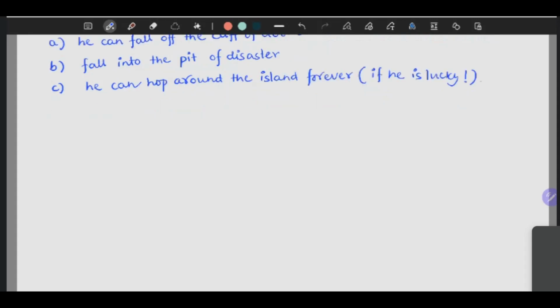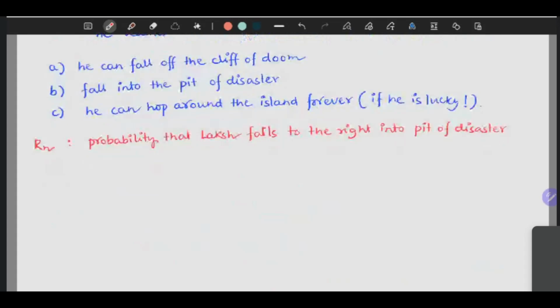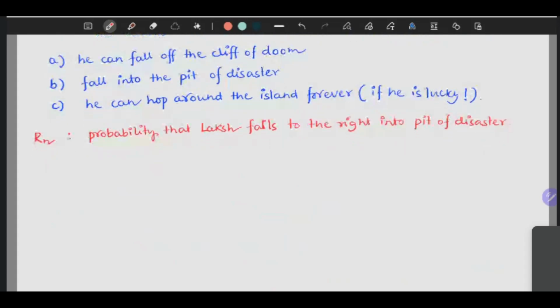Let's say R_n is the probability that Lux falls to the right into the pit of disaster, given that he starts from position n.